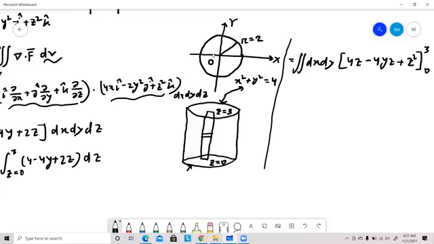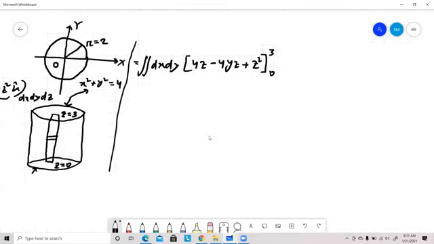Now if we put the upper and lower limit, then we get this dx dy: it will be 12 minus 12y plus 9 minus 0.